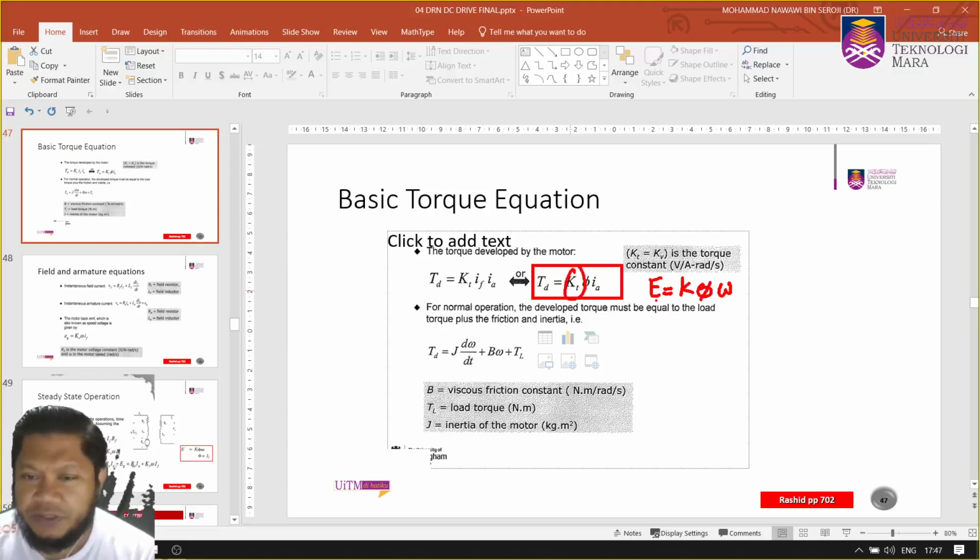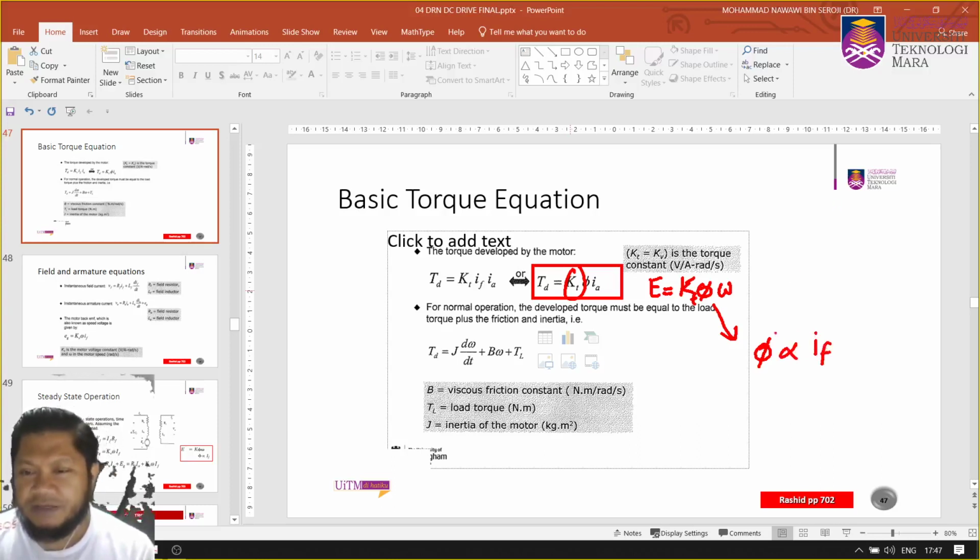Flux is directly proportional to IF, the field current, so we can have another constant K for IF.